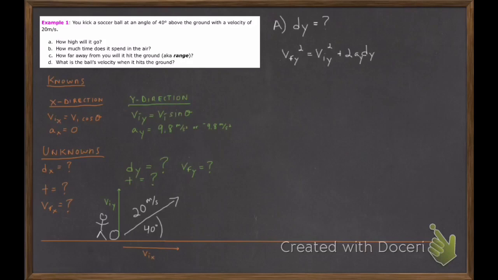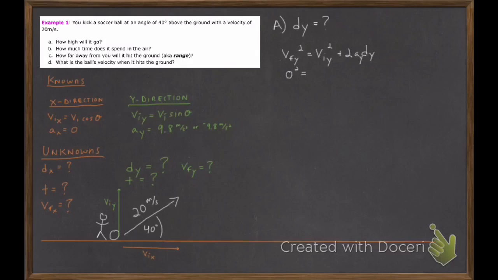Because we know that at the pinnacle, at the top height, the final velocity in the y direction has to equal 0. The object is not moving vertically at all. It's 0 meters per second in the vertical direction. So that's 0 squared. That's equal to, what's our VIY?